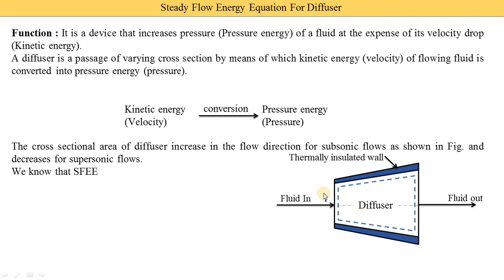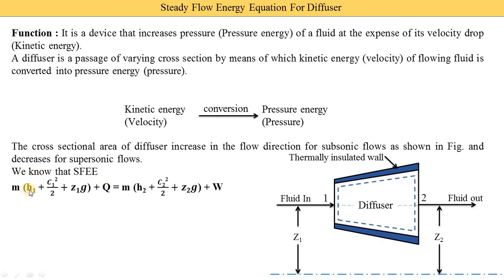Now this is section 1, the fluid inlet. This is section 2, the fluid outlet. Here we consider one datum line. From the datum line we measure the heights of the inlet and outlet, Z1 and Z2.